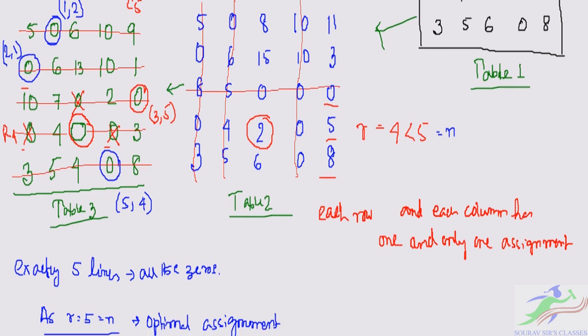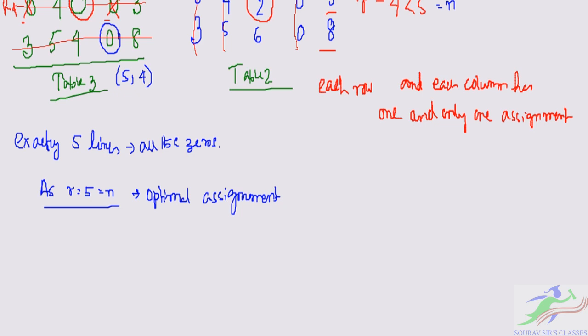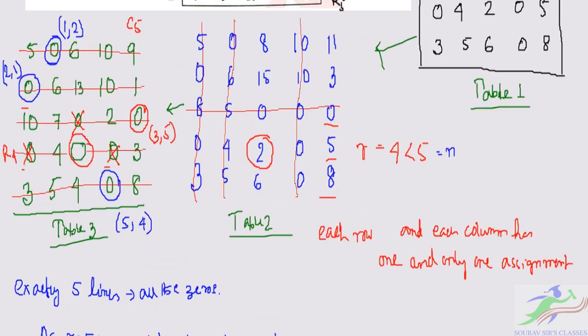So what is the optimal assignment? From this table, these are the jobs A, B, C, D, E, and employee 1, employee 2, employee 3, employee 4, employee 5.